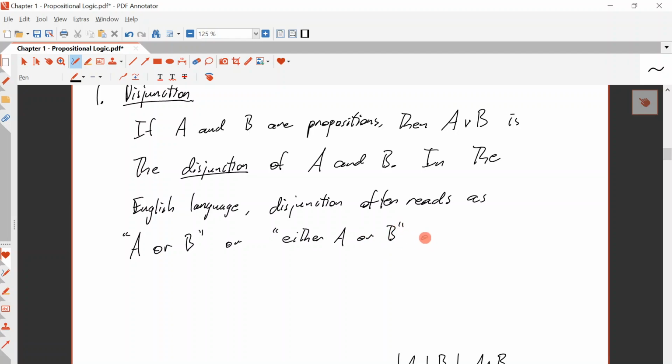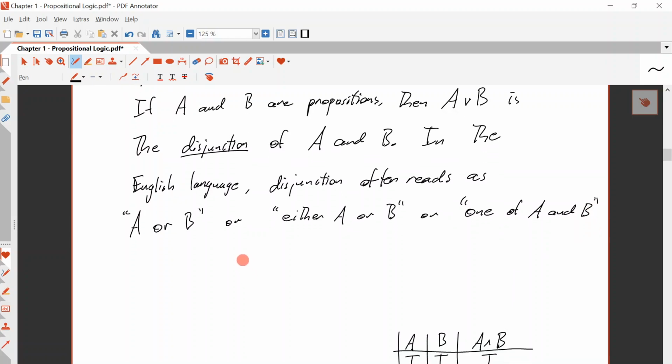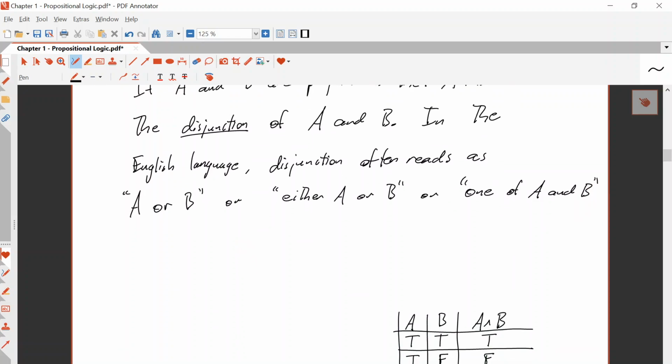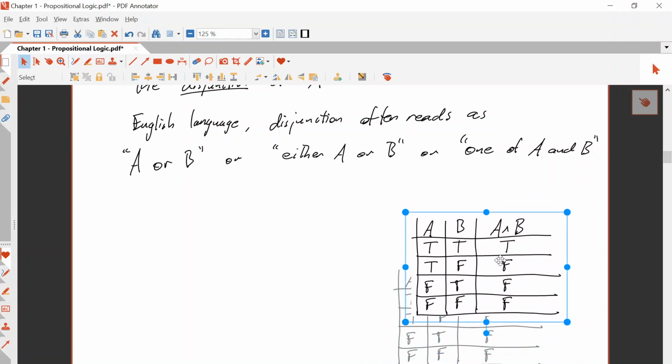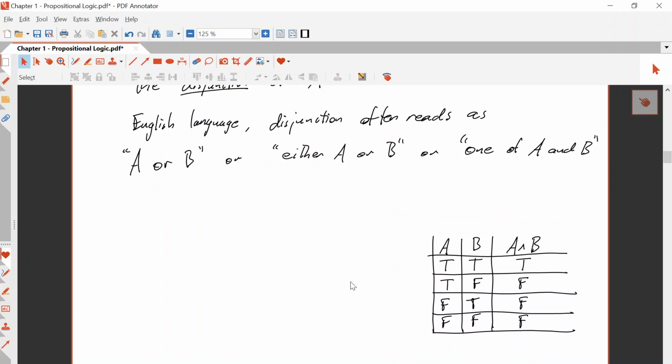Or we could say one of A and B. One of A and B is true, something like that. So these are words for disjunction. And the truth value for the disjunction is as shown in this table, not that one, but the new one I'm going to write.